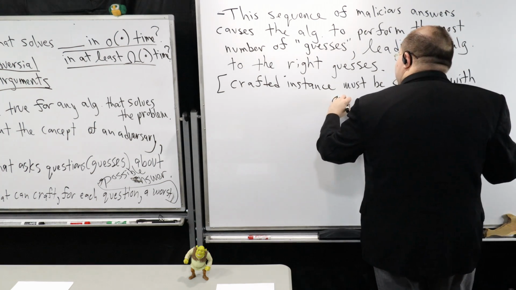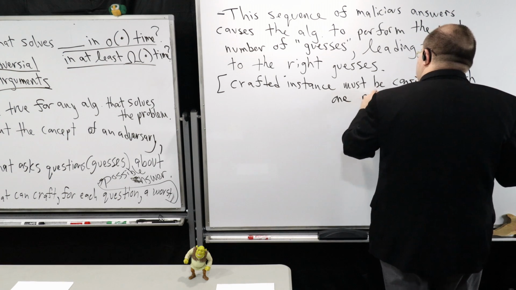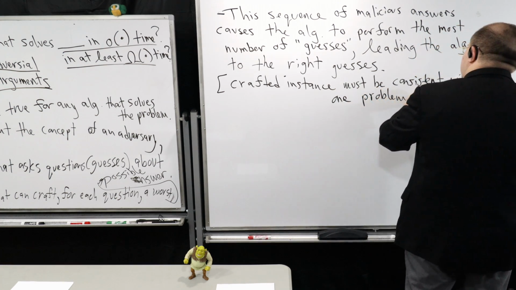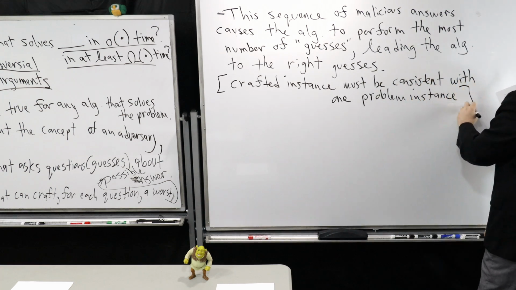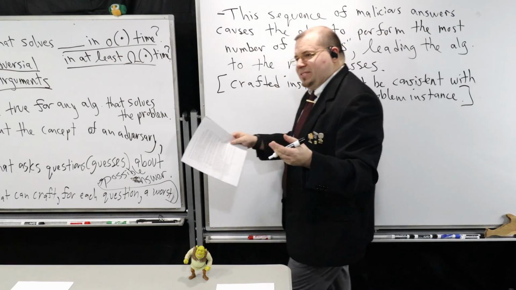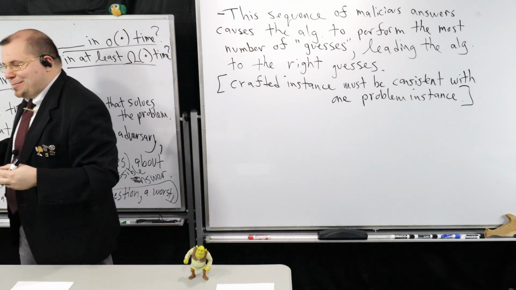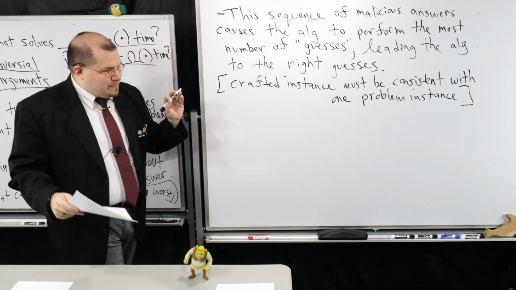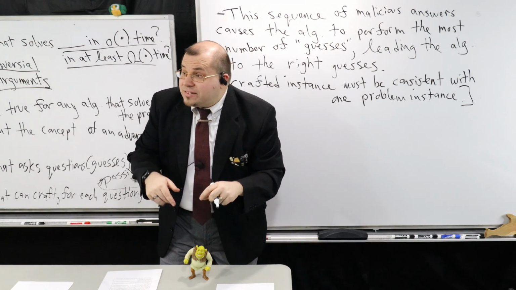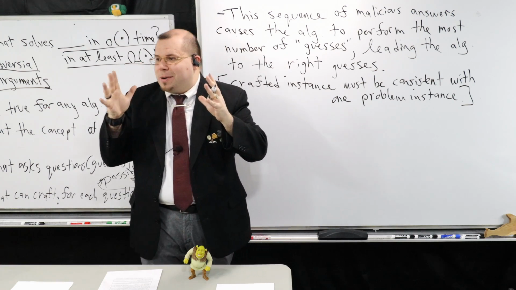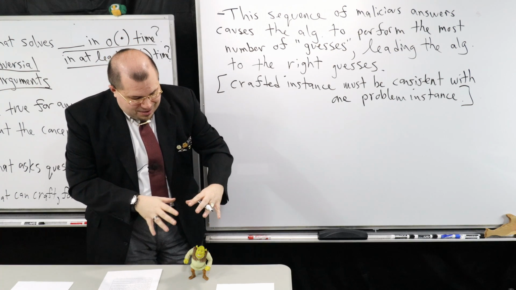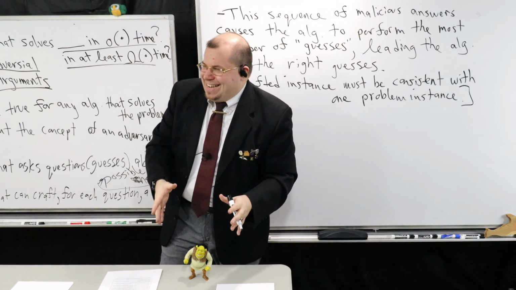It must be consistent with one problem instance. So it's not entirely malicious in the sense that the adversary is going to still help us solve the problem. But most certainly, the idea here is that this adversary is an abstract construction that we're using to help us establish lower bounds. Yeah, it's kind of like lawful evil, yes.